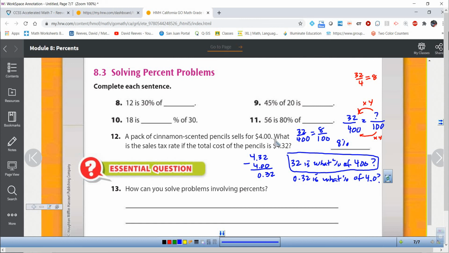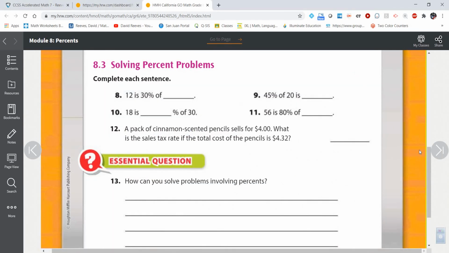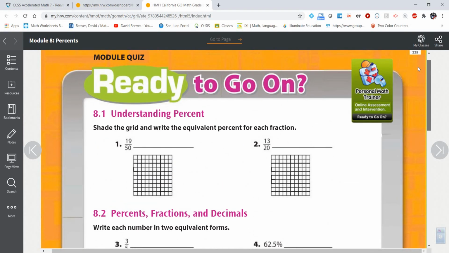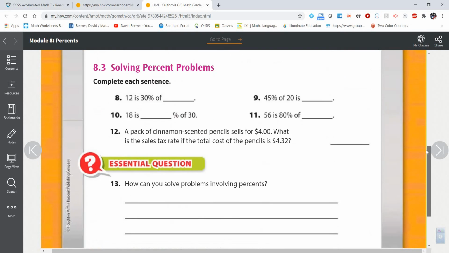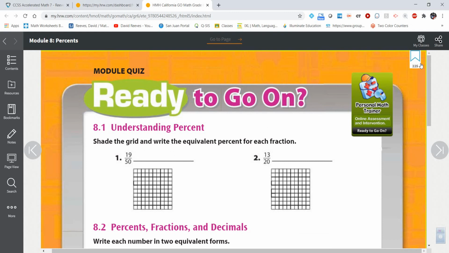Couldn't that just be an easy way? And absolutely, you could have just mentally said, well, I've got $4. What would it be for $1? Because for $1, that's going to give you what your sales tax is. And it is 8%.